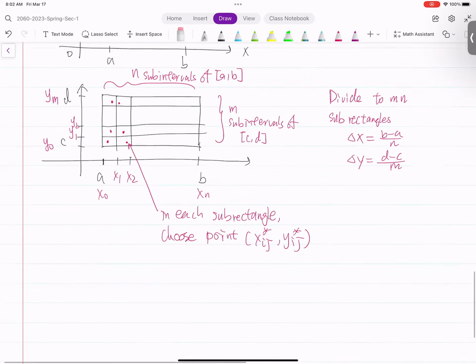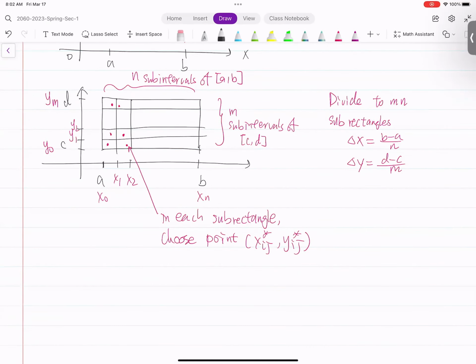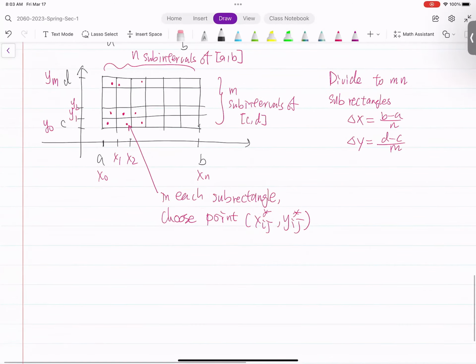So we subdivide. If you want to thoroughly subdivide everything, it's still the same process. Then you're just going to pick points. Those will be the points of estimation, and they are called x sub ij star, y sub ij star.